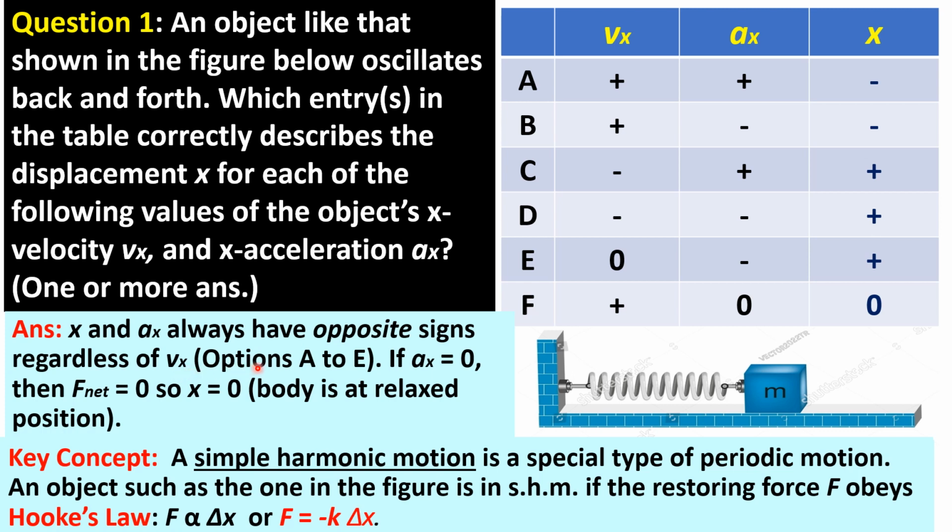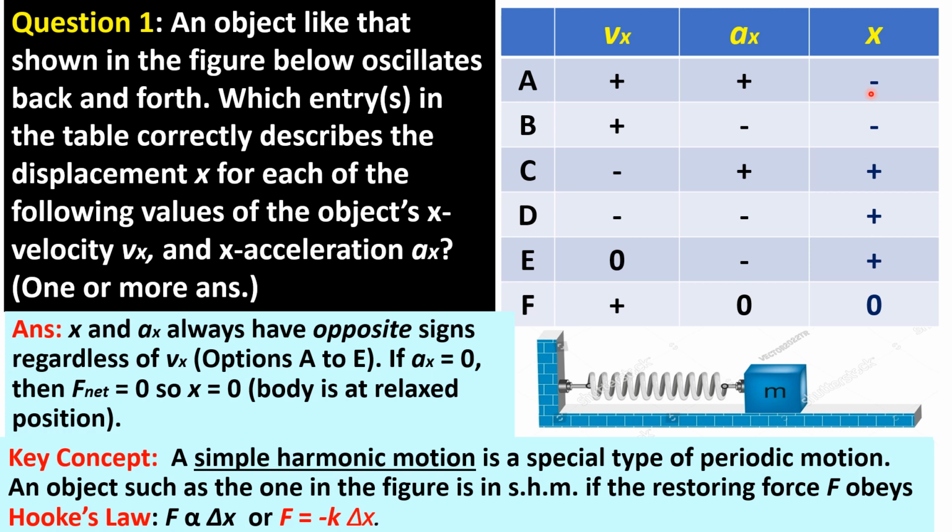If we look at each of the options from A to E, in letter A, if Vx is positive, Ax is positive, then the displacement x is negative. So, whatever is the direction of the Vx, if the Ax and the displacement are opposite, that means such relationship is true.